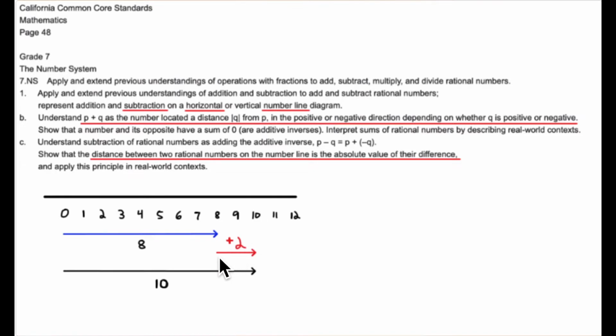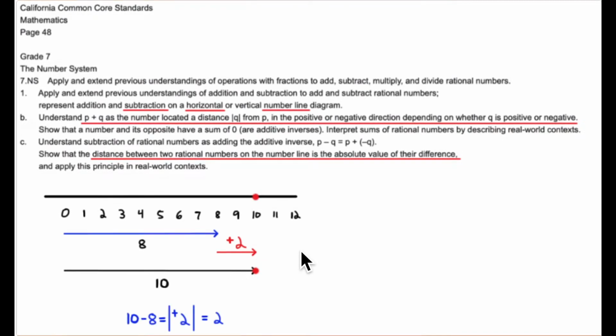So there is a distance, which is 2 units, and there's a direction, moving in the positive direction. And you were taught that the sum is where you place the point. That's where you want to get to. So 10 minus 8, how far apart? What's the difference between 10 and 8 on a number line? Is 2 units, and it's a positive 2 units.